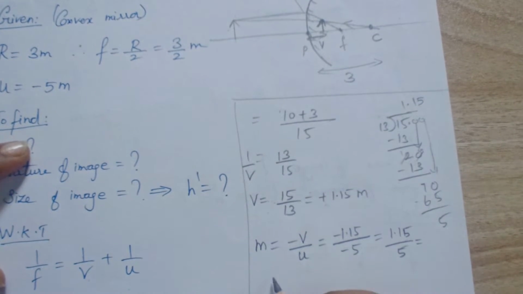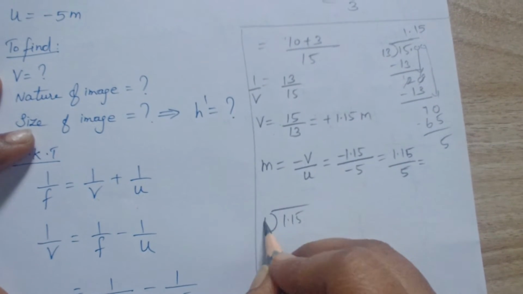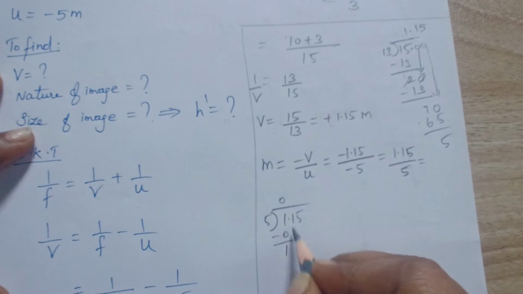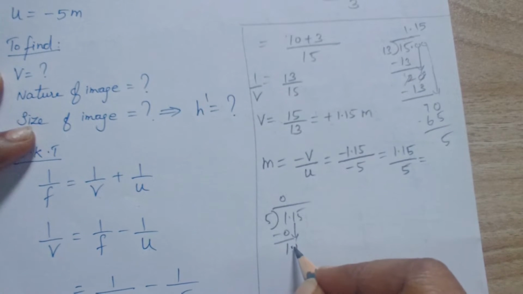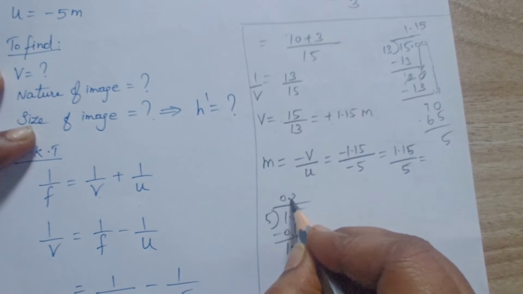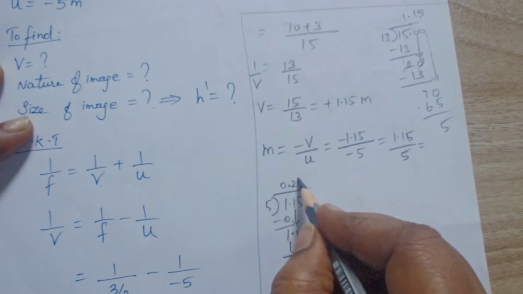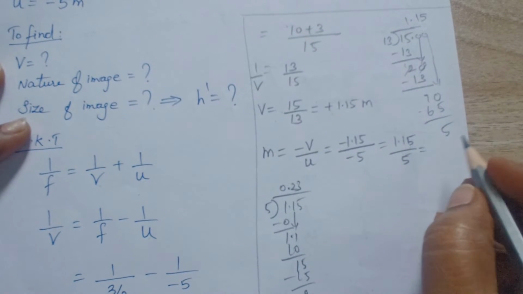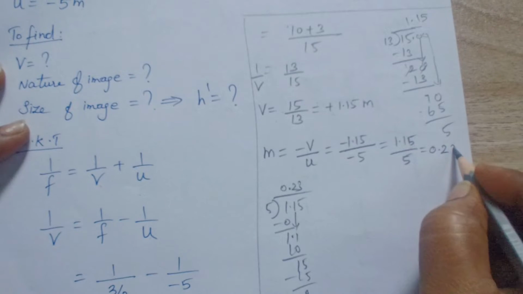How much will it come? Divide 1.15 by 5: 0 times, 0, bring this 1, so 11 means 2 times 10, 1, again 15 means 3 times 15. So it comes out to 0.23.